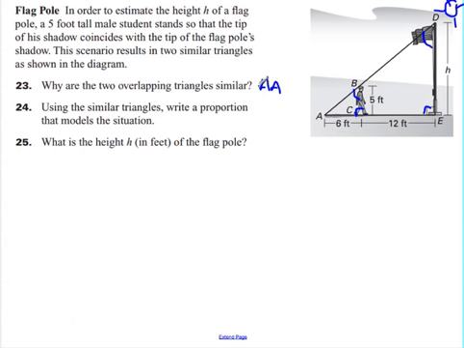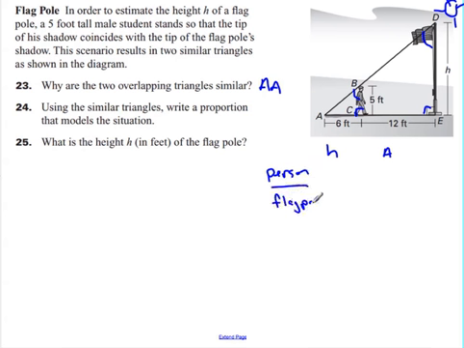Using the similar triangles, write a proportion that models the situation. So we'll basically talk about the height of things. And we'll talk about the distance from A. Okay, and we'll talk about two things: the person, and the flagpole.